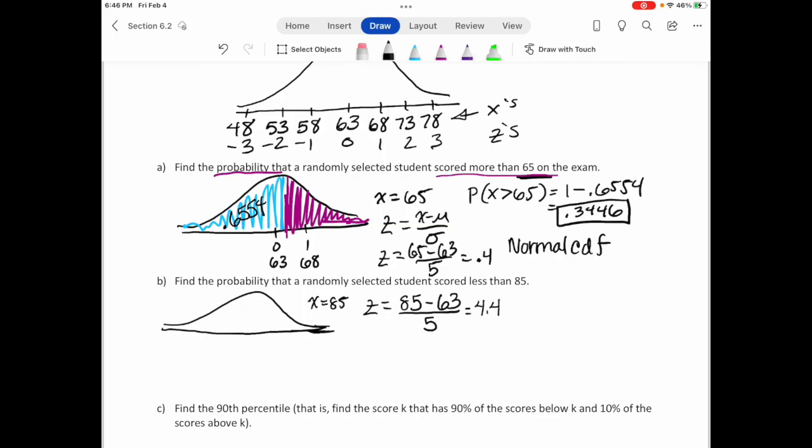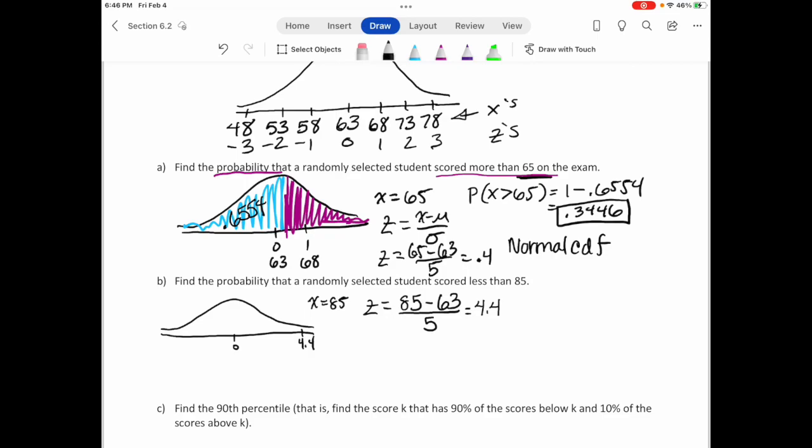That gives me a z of 4.4. So if I look on our standard curve, 4.4 is way over here. Let me fix this, I feel like I made a big mess of that graph. So here's 0, and 4.4 will be way over here.